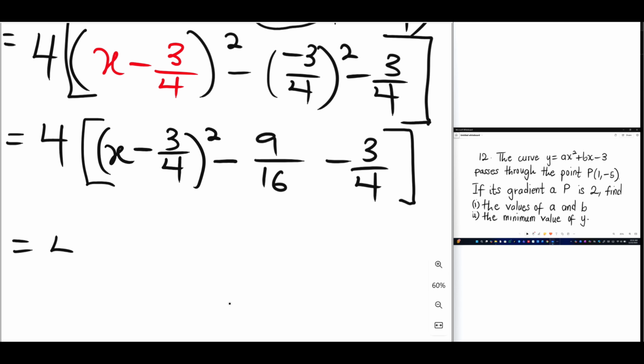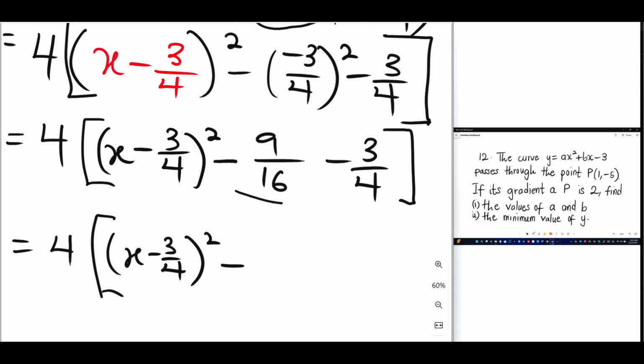So we continue. We have 4 multiplying a bracket of x minus 3 divided by 4 squared, multiplied by another 4 times the 16 we have here. So let's find the LCM for this part and simplify. The LCM will be 16. So 16 divided by itself is 1, times negative 9 gives negative 9.